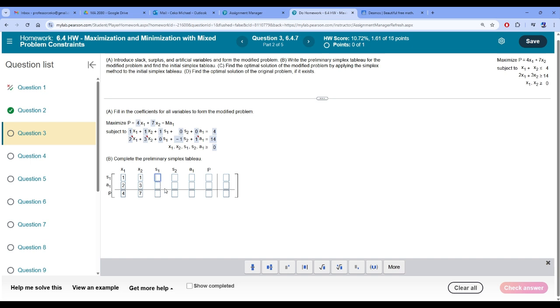S1 is 1, 0, 0. S2 is 0, -1, 0. A1 is 0, 1.